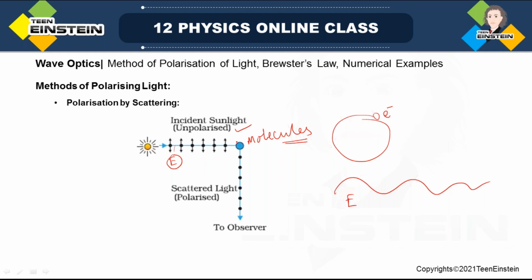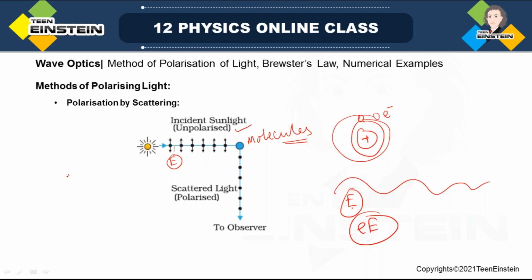When it encounters an atom, which has electrons in it, the electrons are influenced by the electric field, because the field applies a force on the electrons of the molecules or atoms.